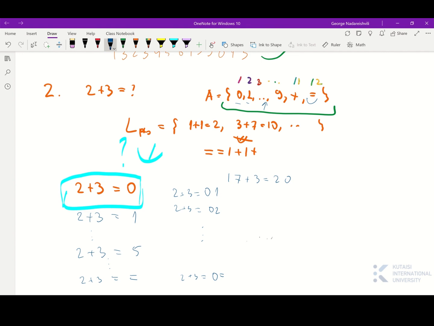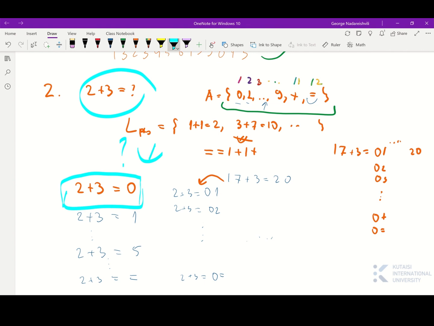I check at 0, 0, and at some point I will have to check 2, 0. So I'm just following all possible combinations because this string is finite. I can do this, and I will algorithmically solve this problem, even though this is not a decision problem.